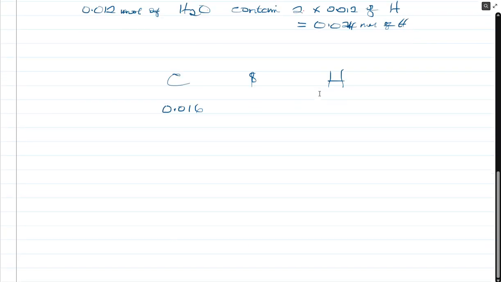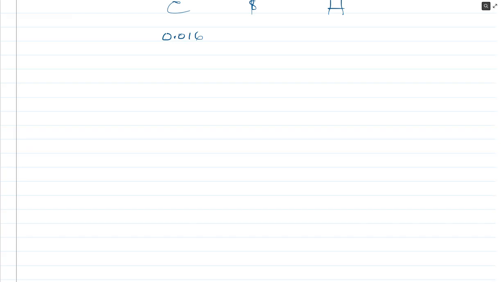And then the mole of hydrogen is 0.024. So I put mole here. Now all we need to do is to divide by the smallest of the two. So to get the empirical formula, we have to divide by the smallest. The smallest of the two is 0.016.